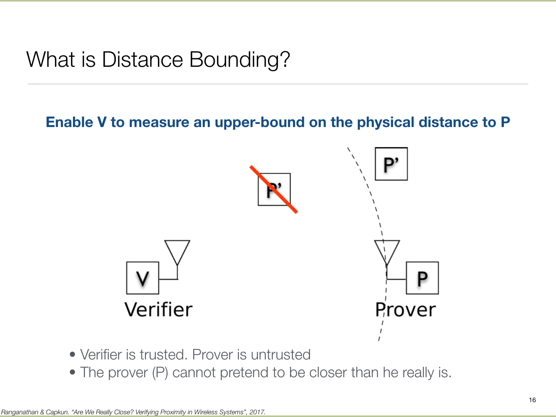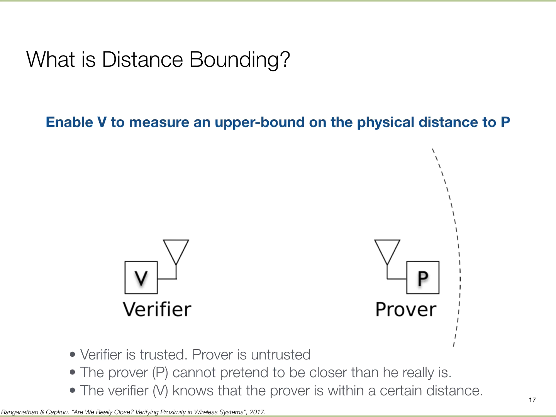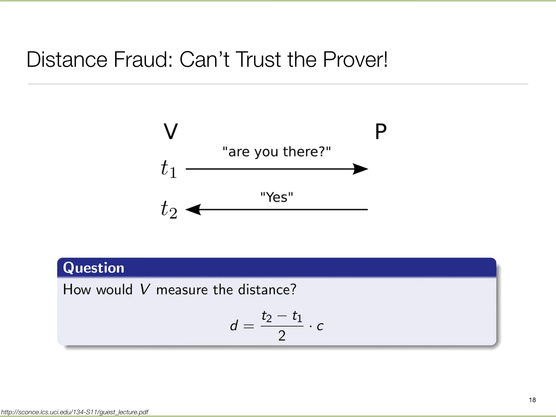We are only going to care that a fake prover should not be able to pretend that it is closer. That's our formal problem. Okay. So what this will let us do, if we are able to establish an upper bound, is that the verifier would know that the valid prover P is within a circle, and then it can provide service to it.